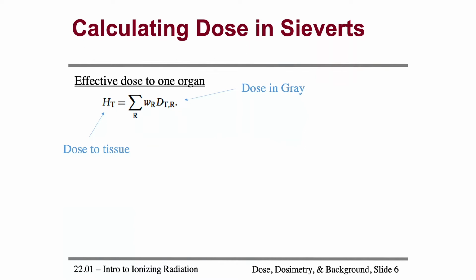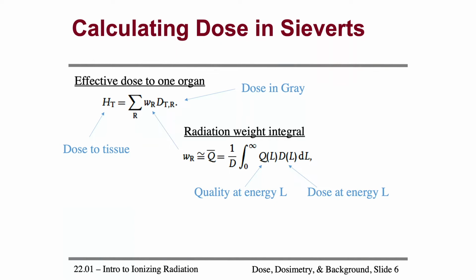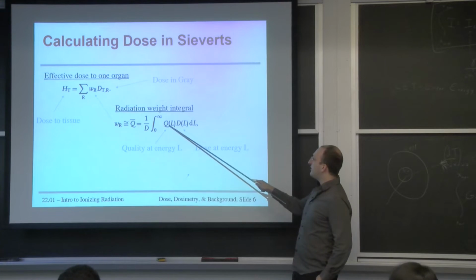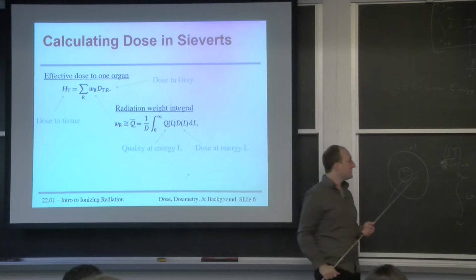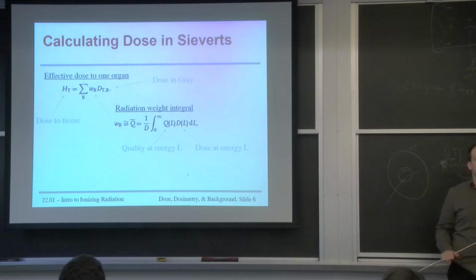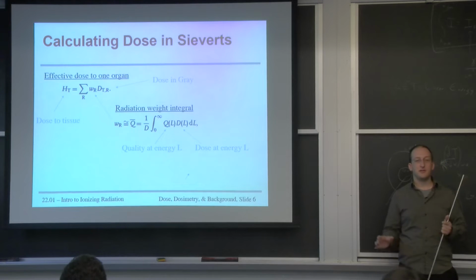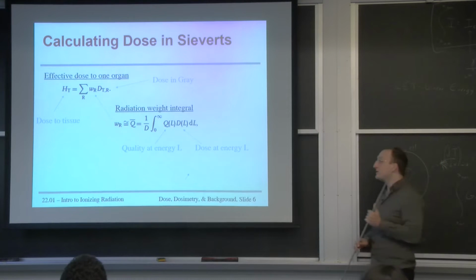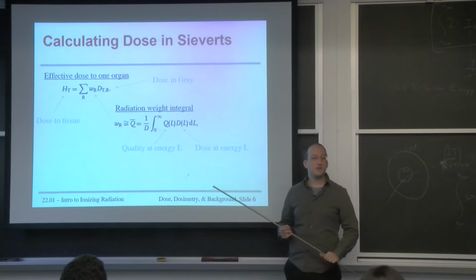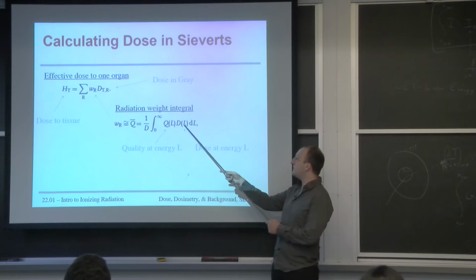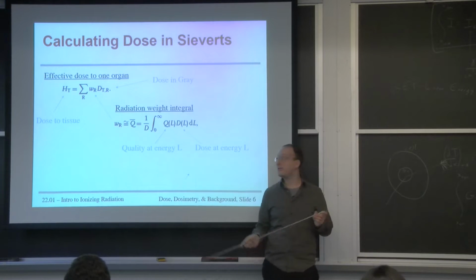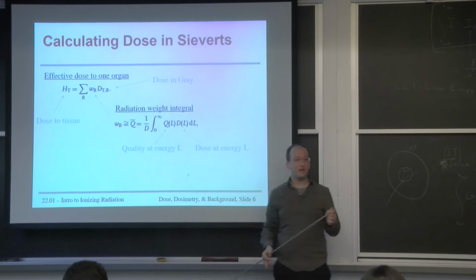And you get these single doses to tissue, where each of these radiation equivalent factors can be equated to this average quality factor, where you integrate the quality factor as a function of length times the dose at that length. This is where the stopping power formula comes in, is you'll have a stopping power as the energy decreases, as the particle moves through the material, and its stopping power will change. So then you have to integrate that stopping power times some constants over that distance times the quality at that distance to get the simple weighting factor.